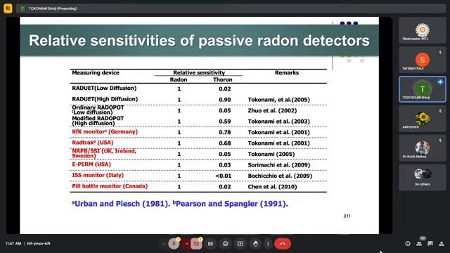Also, the electret EPAM has a lower sensitivity for thoron. In the Italian detector, as you saw in the previous slide, by perfect sealing they don't have any sensitivity for thoron. The Canadian detector used in the radon epidemiological study also has much lower sensitivity about thoron.